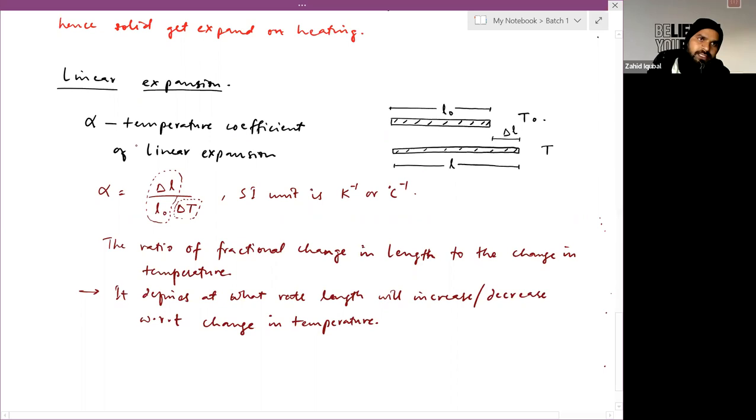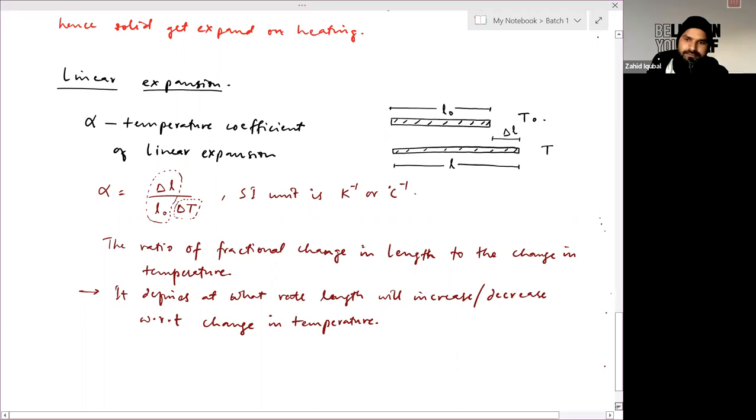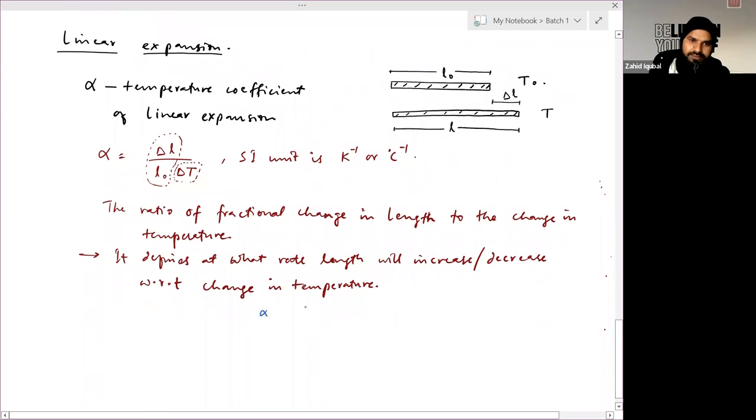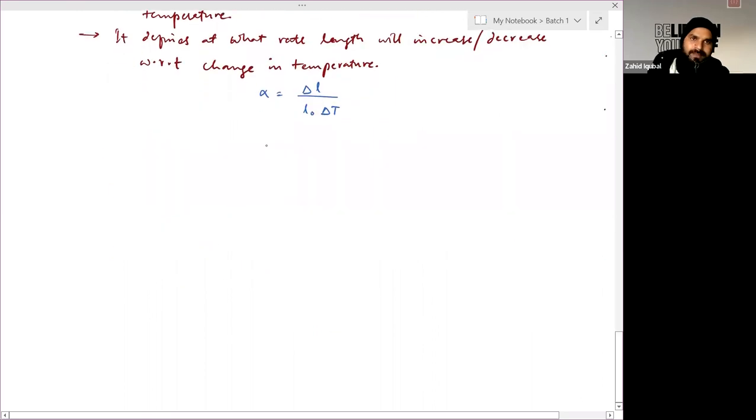So if you expand this relation as alpha equals to delta L by L naught times delta T, just cross multiply. So alpha times L naught delta T equals to delta L. We may write delta L as L minus L naught equals to alpha L naught times delta T. Move this L naught to right side.